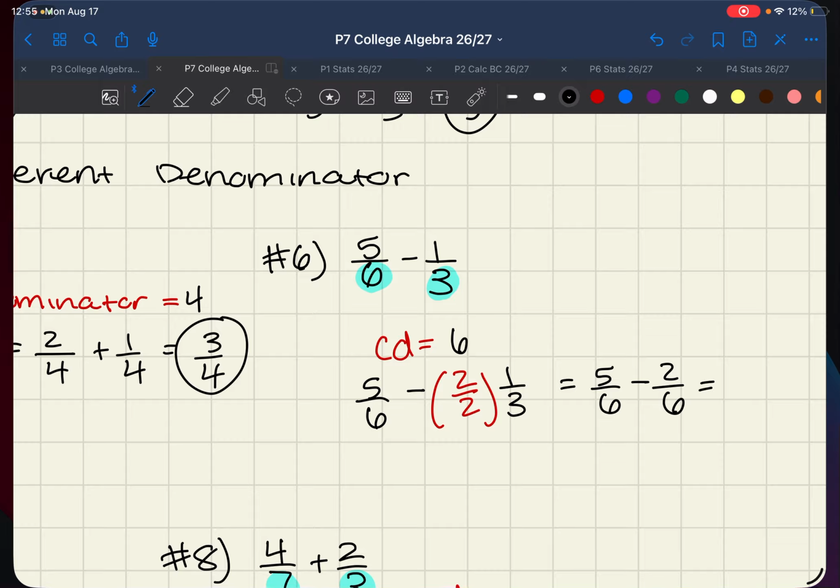So 5/6 minus 2/6, which is 3/6. Notice how this 3/6 can reduce, because I can divide both the top and the bottom number by the same thing to make it even smaller. I could divide both by 3 and I get 1/2. So 1/2 is actually my answer.